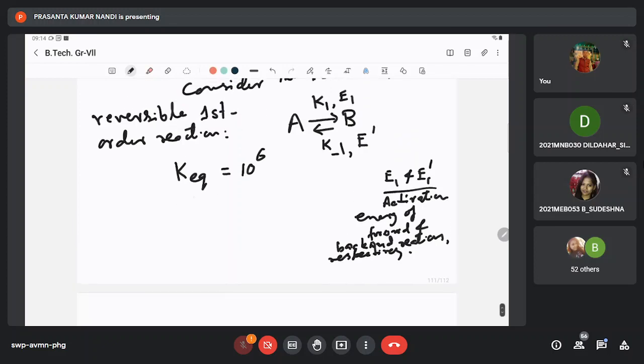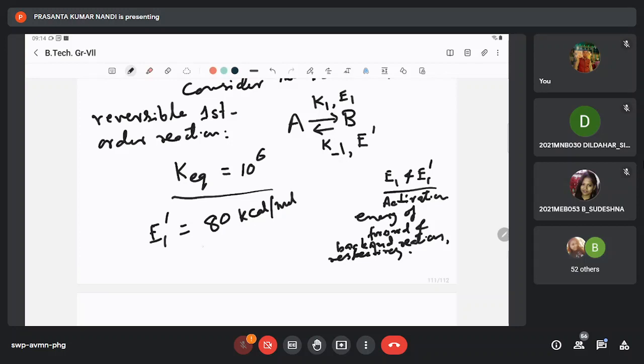An equilibrium constant is given, right? And let the activation energy, that is E1 prime, be say 80 kilojoule per mole, or 80 kilocalorie per mole.